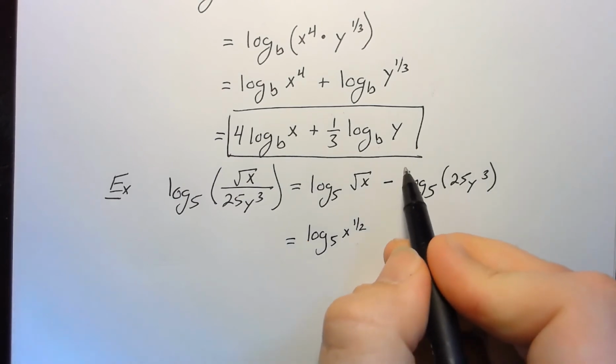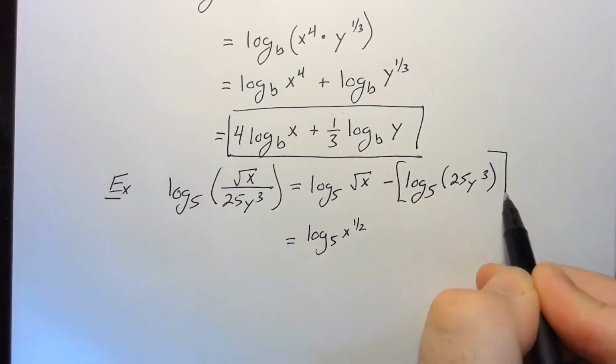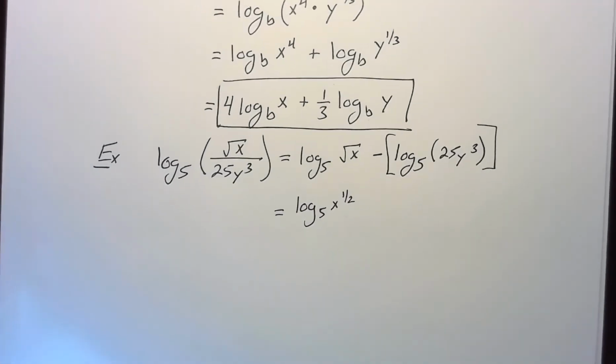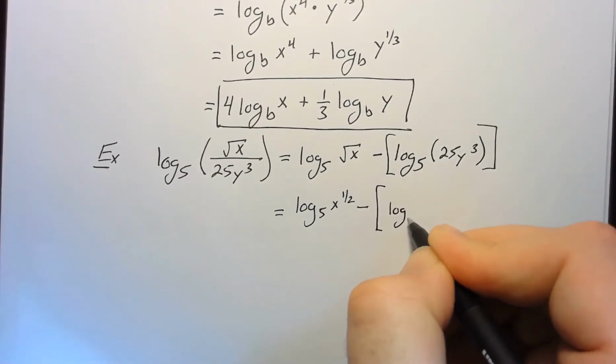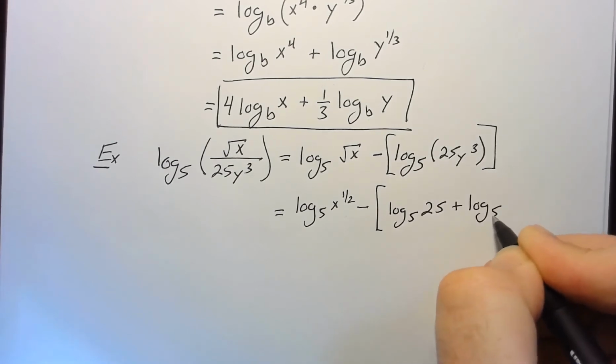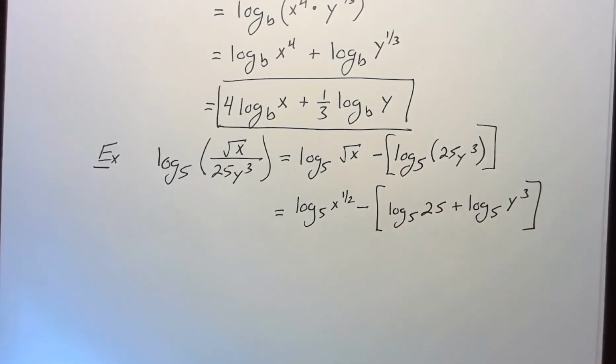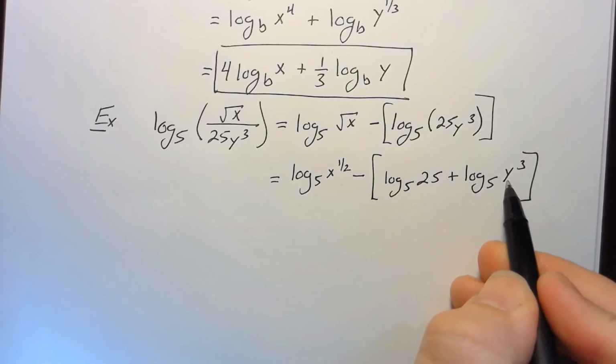However, this is subtraction of this entire log. I'm going to put that whole thing in brackets, and then change it to what it really is. So this is minus bracket log base 5 of 25 plus log base 5 of y to the 3rd. Why is this so important for us to do? Well, it's so important because this subtraction has to distribute to both of these pieces.